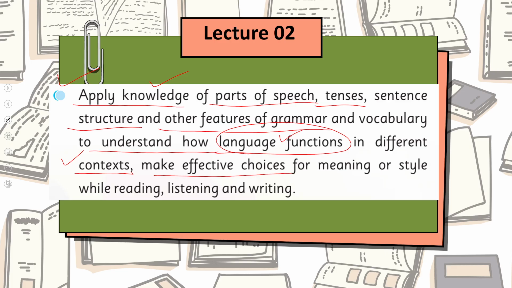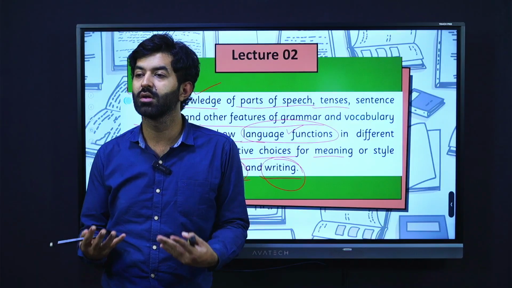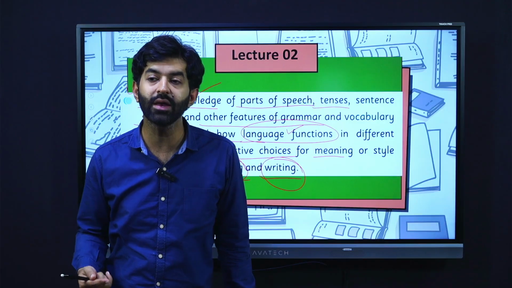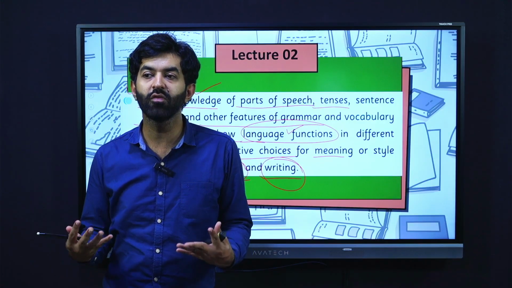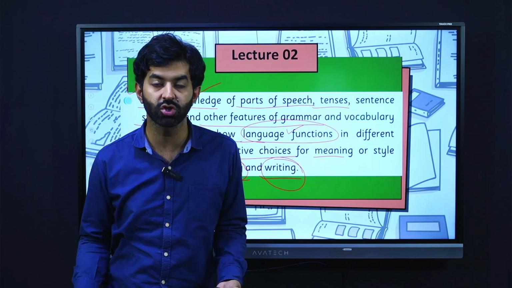How do you make effective choices for meaning or style while reading, listening, and writing? So all these competencies are incorporated, and in this one, we will touch upon some important grammar rules, and specifically, we will be focusing on sentence making. How do we make a good sentence according to the English language rules and conventions?